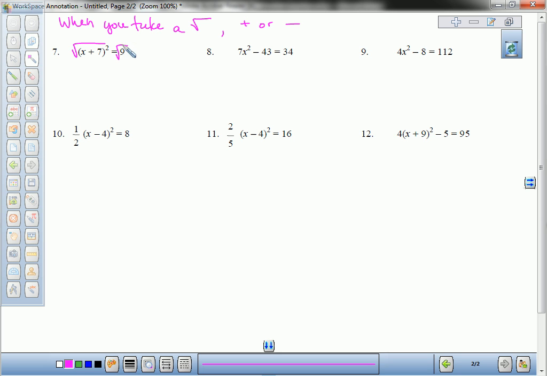So when I take the square root of 9, I get positive and negative 3. Now that's different than cube root. Cube root, it's whatever the sign of the original number is. But with square root, you get a positive and a negative.